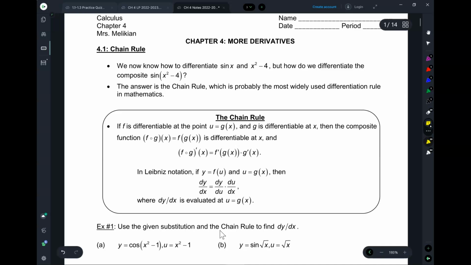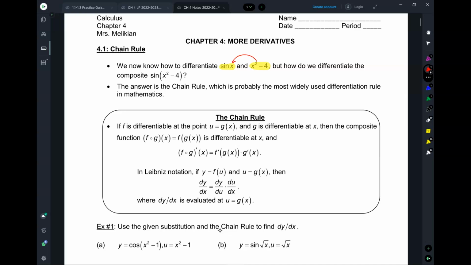In the last chapter, we learned how to take a derivative of a function like sine x. We learned how to take a derivative of a function like x squared minus 4. But what if the x squared minus 4 was inserted into the sine x?